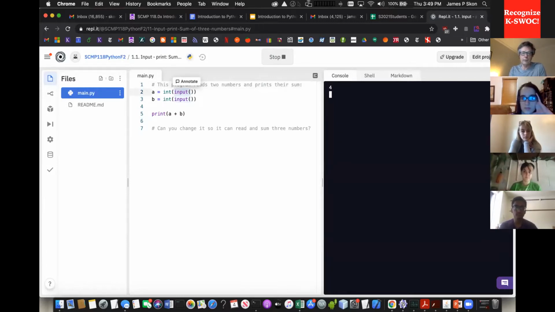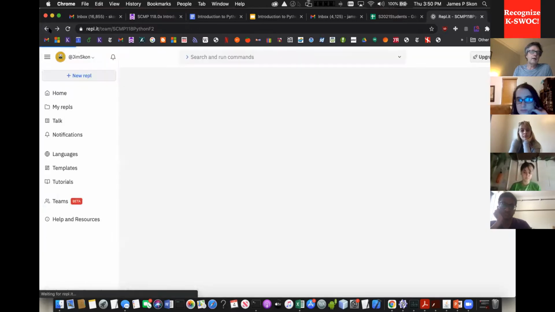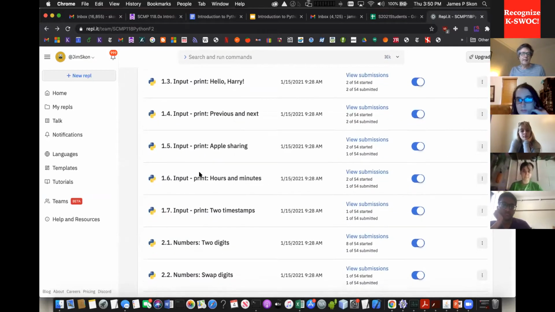Let's type in 4 and 7, and it prints out their sum, 11. Now we don't know how to do that yet, but I'm bringing this up because I want to show you that in this course, we have a ton of these problems, and they're kind of fun.